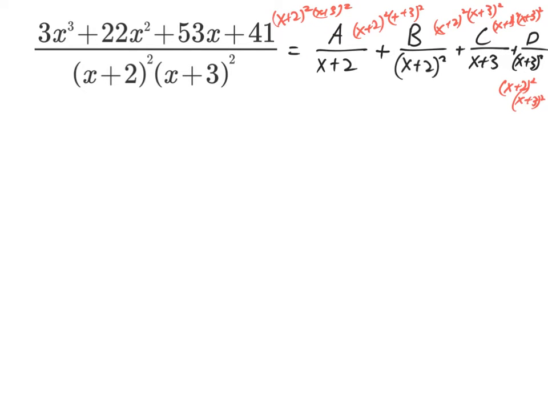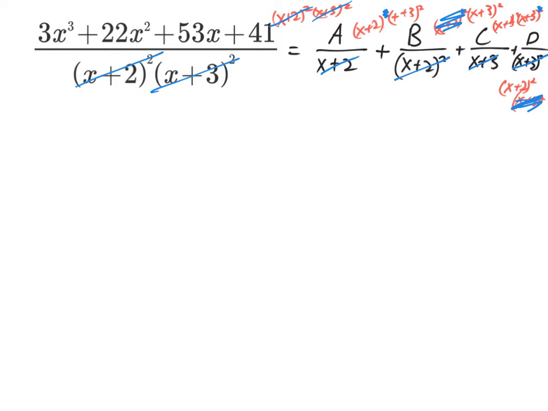Just remember, this is supposed to be up here at the top. So this goes away with these. This one goes away with one of these, but not the other one. This one will go away with both of these.